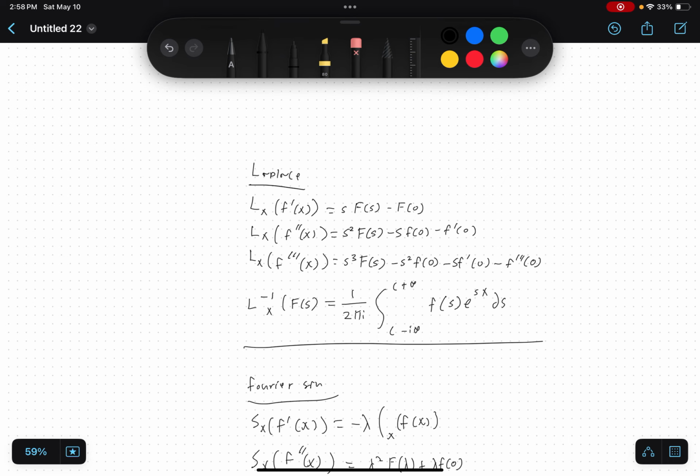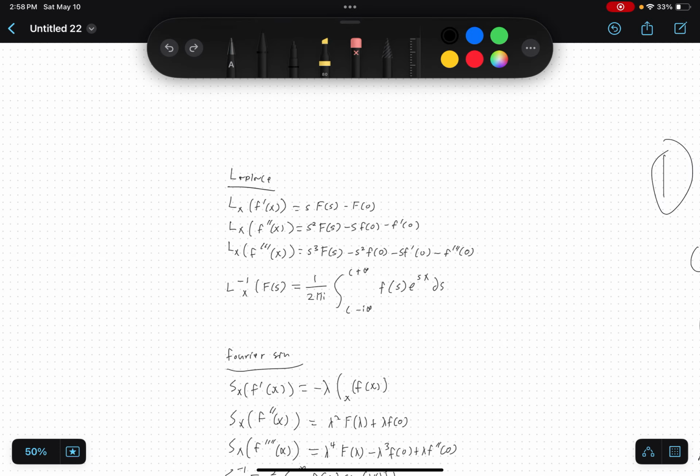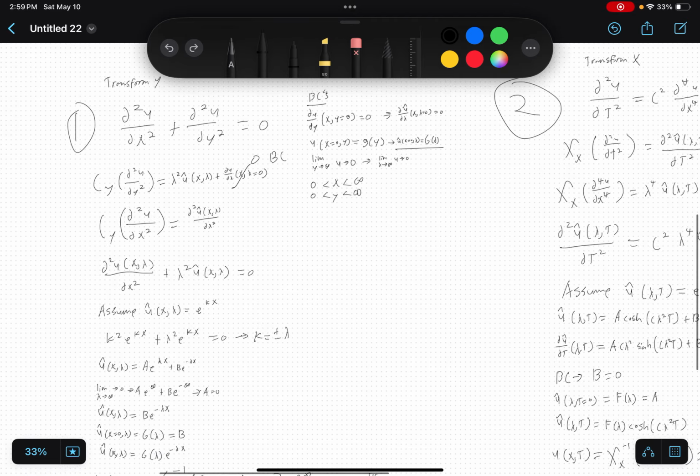This. I don't think we ever learned what c minus i infinity, like I don't really know how to do that. I mean, I could just plug it in and see, hopefully everything works out. I'm not even gonna worry about it. I'm just gonna write it out.